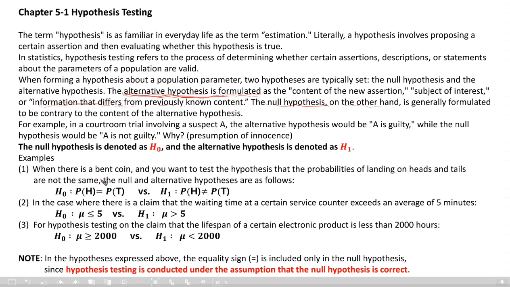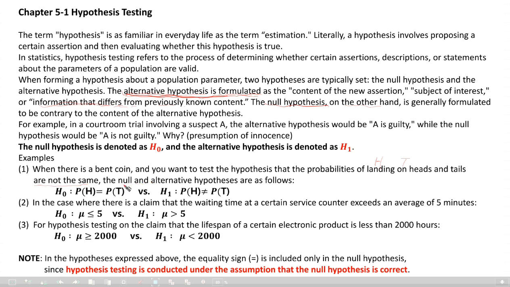For a simple example, there is a twisted coin. We want to test the hypothesis that the probabilities of head and tail are not the same. Okay, that is curious. This twisted coin has the same probability? Oh no, that's why we want to test.